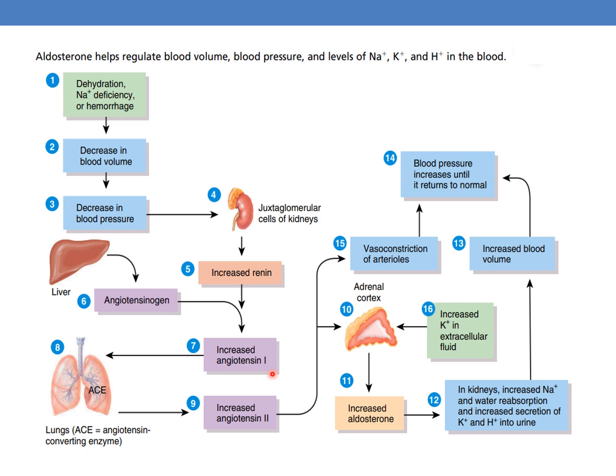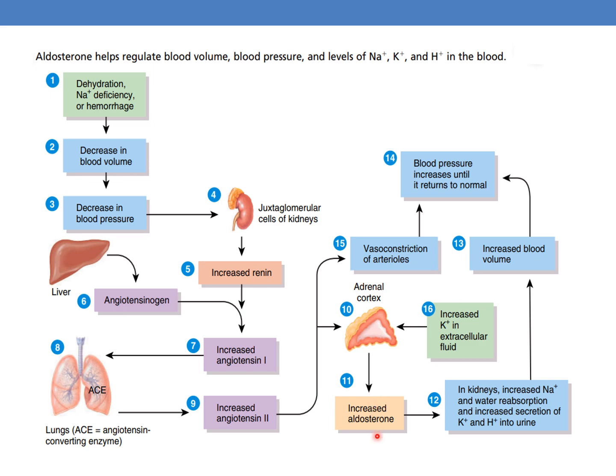This angiotensin 1, when it enters the lungs, is converted to angiotensin 2 by the action of angiotensin converting enzyme. This angiotensin 2 acts on the adrenal cortex, and this leads to synthesis or increased levels of aldosterone.